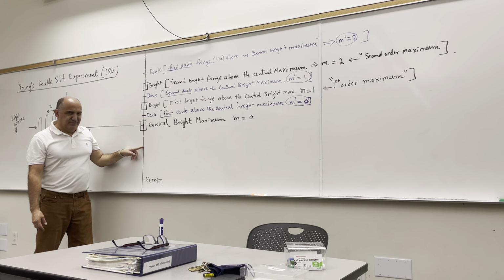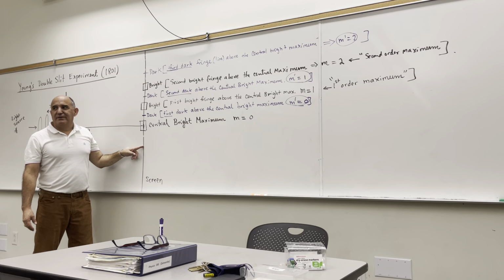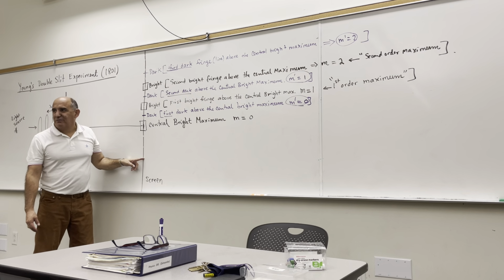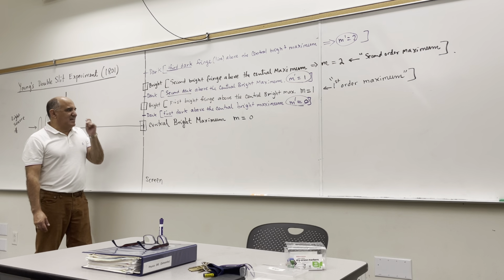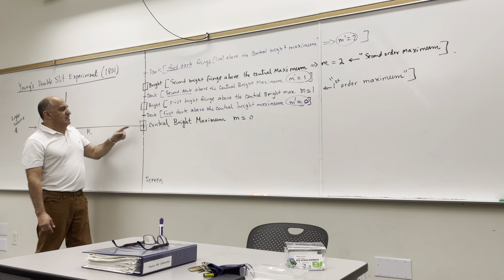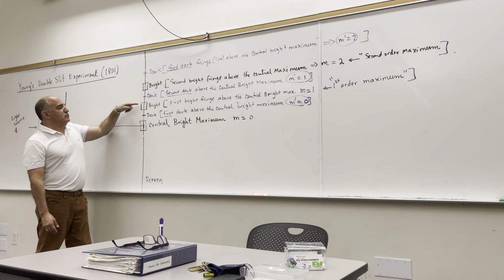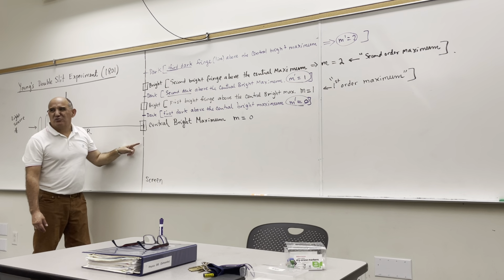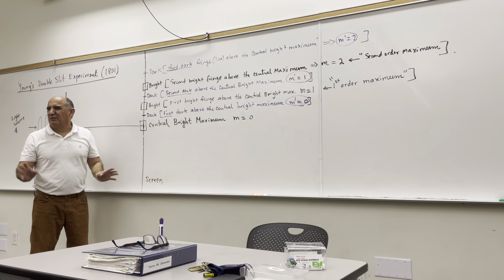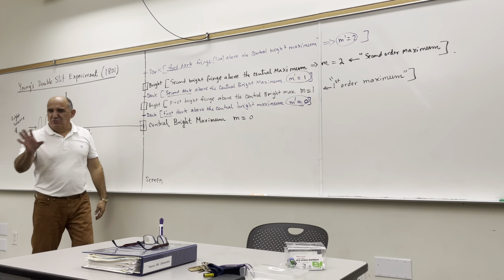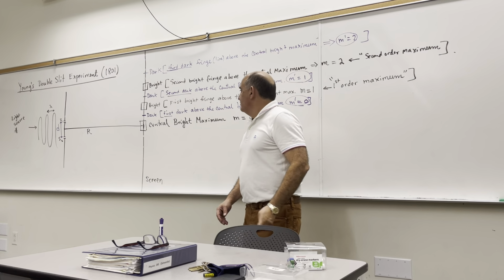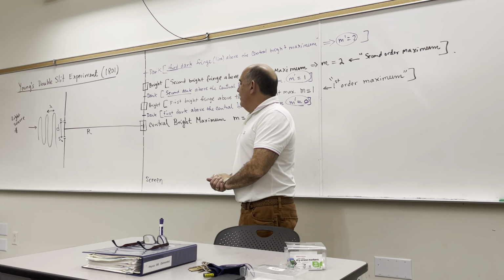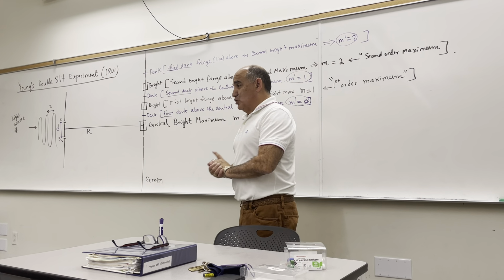And then the first bright below, and the second dark below, and so on, but it's just the same. And for the bright ones, they tend to call this M equals 0, M equals 1, M equals 2, and then M equals minus 1, M equals minus 2, but I don't use the minus signs. You'll see that you don't have to use that.